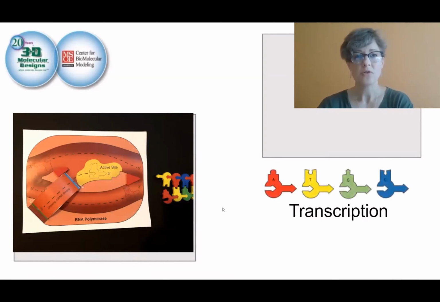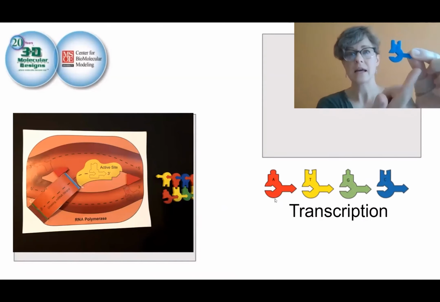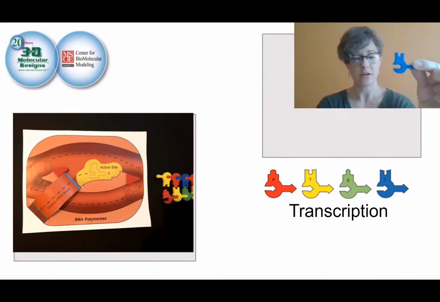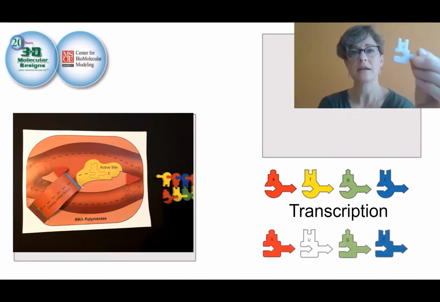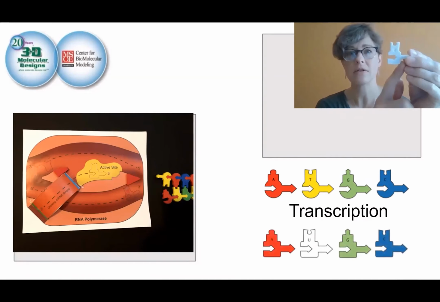When we move to transcription, we need to make sure that you understand that we've differentiated between the DNA model pieces and the RNA model pieces. So these round pieces are the DNA, and you'll see they're circular. And we've got these RNA pieces that appear to be square, and in addition, we've got a uracil instead of the yellow thymine.